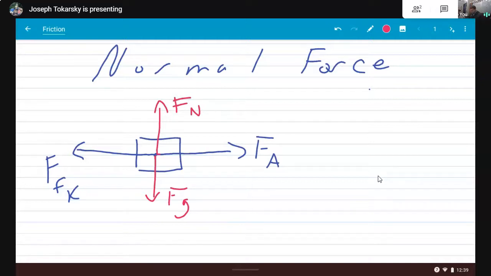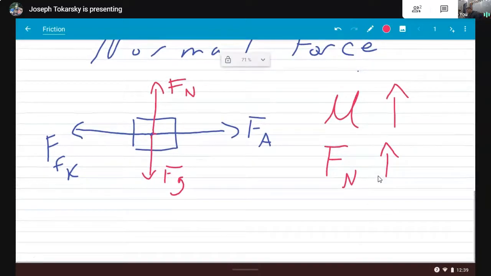And that's the secondary factor with how much friction is involved in the situation. So if you want a high amount of friction, you want your coefficient of friction, the number between 0 and 1, to be high, and also you want your normal force to be high.